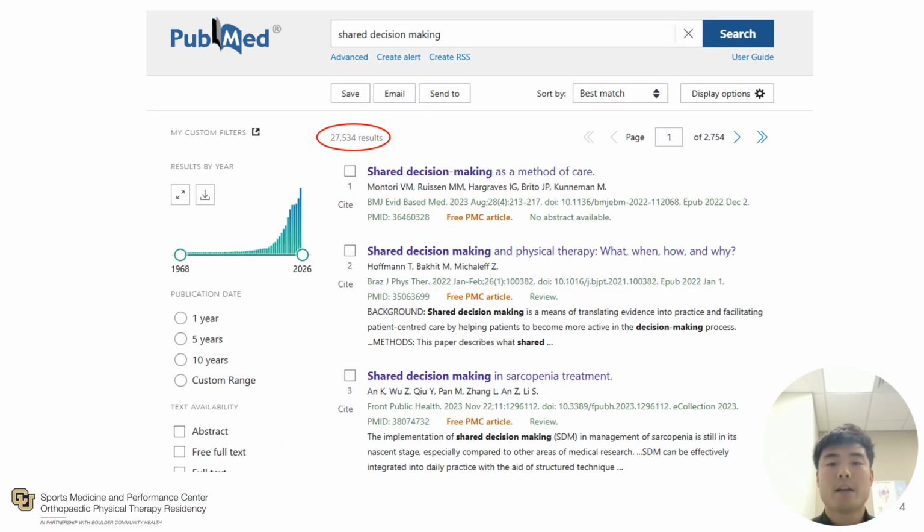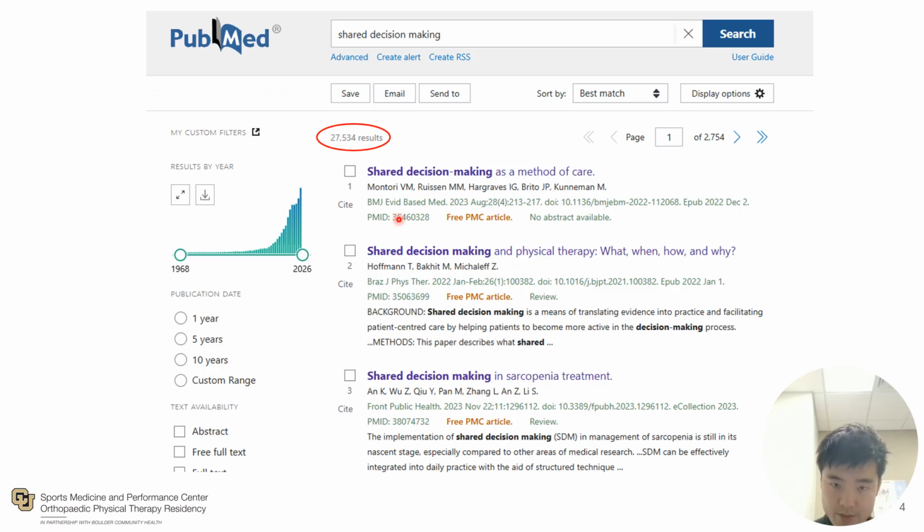On this slide, when I was doing my research for this lecture, I went on to PubMed to actually look at the research on this topic, and you can see that this is a pretty heavily researched topic, having 27,000 results pop up when actually looking it up, and most of the research is in respect to medicine in general and not just physical therapy.